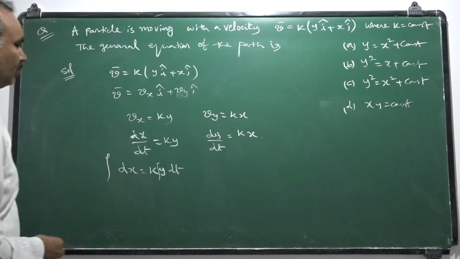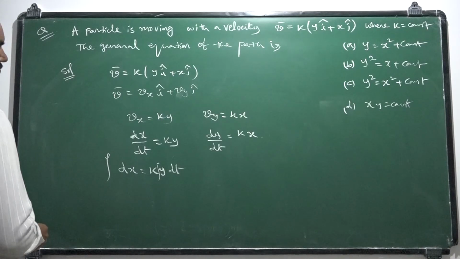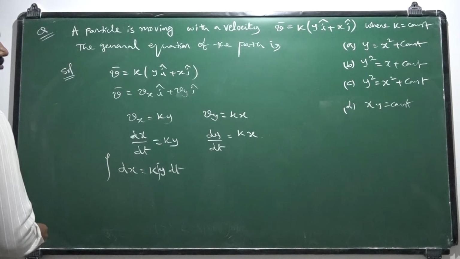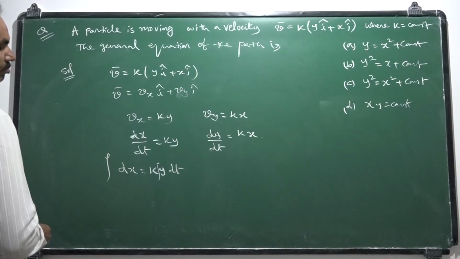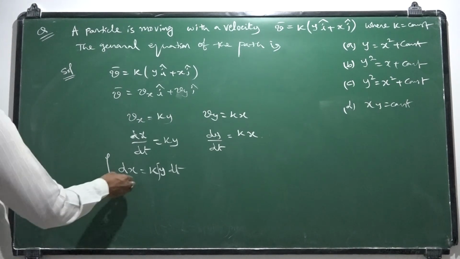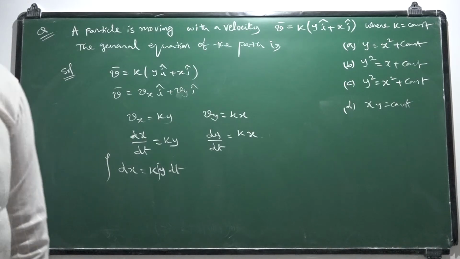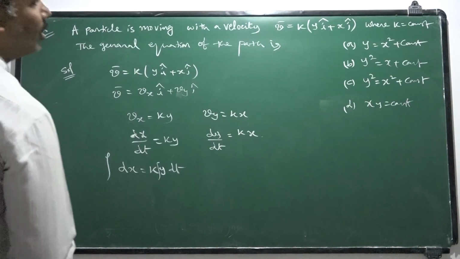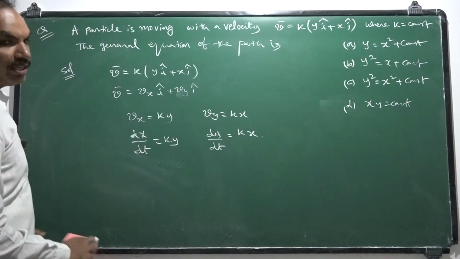So integral dx is simply x, so you need to simplify this integral. As the four options are not having k, let me take the ratio of these two.